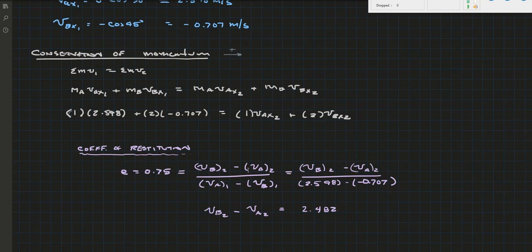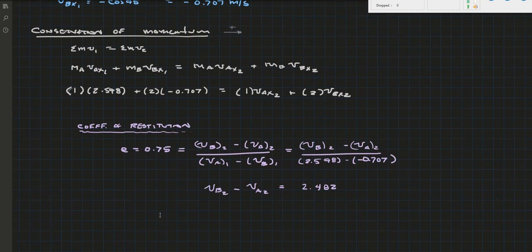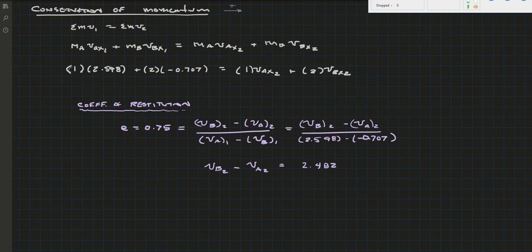So we can get a relationship for velocity of A, for example, or B, and substitute it into our conservation of momentum equation. And that'll give us a velocity of A in the x direction of minus 1.26, and the velocity of B in the x direction equals 1.22 meters per second.